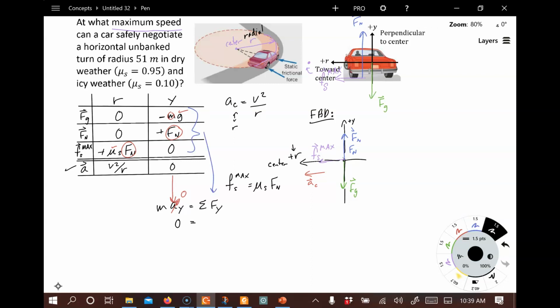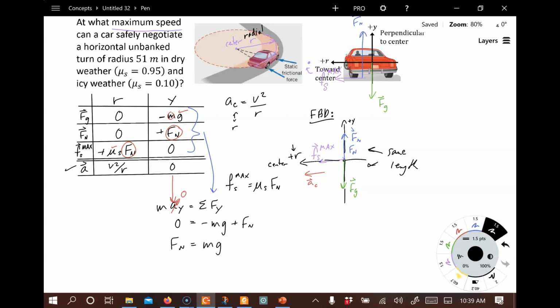And if we do that, we see, okay, we got a minus mg plus an F_n plus a 0. And this tells us that the normal force in this case is exactly balancing the gravitational force. So the magnitudes are the same, and that makes sense. That's why we drew the two vectors with the same length for the normal and the gravitational force, because we know it's balanced in that direction and they're equal and opposite.